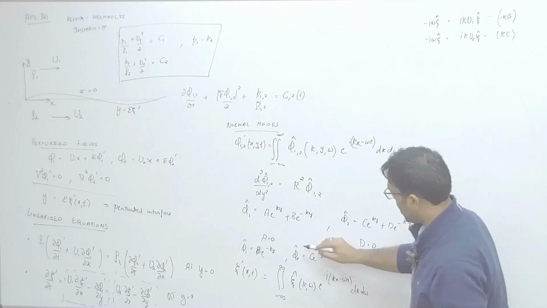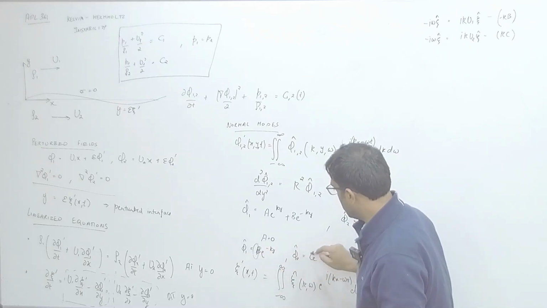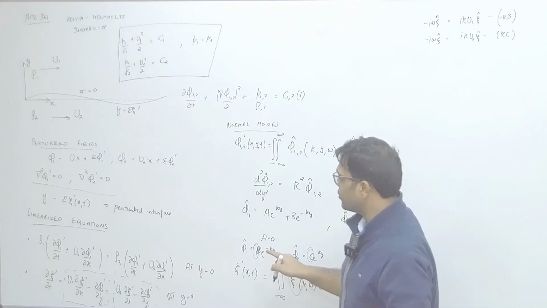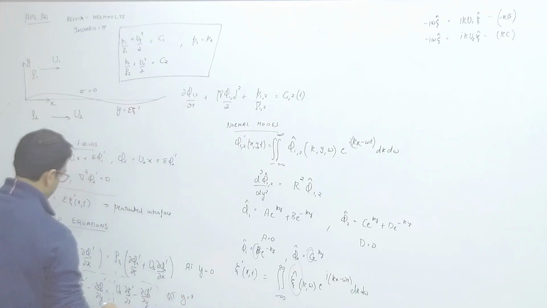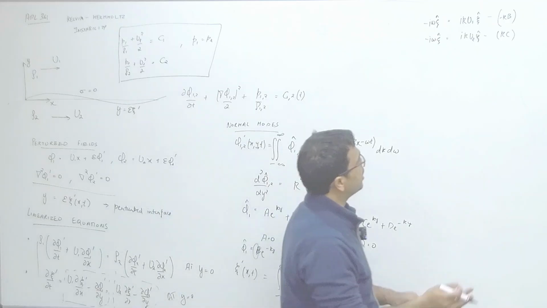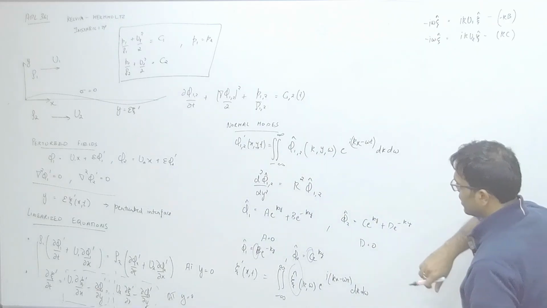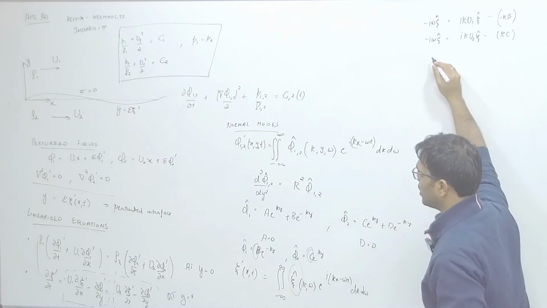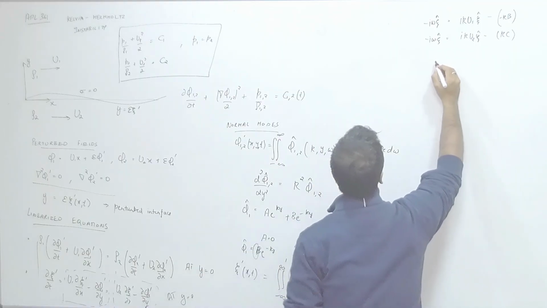So remember, our arbitrary constants are this b, c, and this c hat. You have effectively two equations, and as you will see, one of the arbitrary constants will remain as it is and the rest will be cancelling out. So we can substitute all of them in one particular arbitrary constant. So let us look at the dynamic conditions.